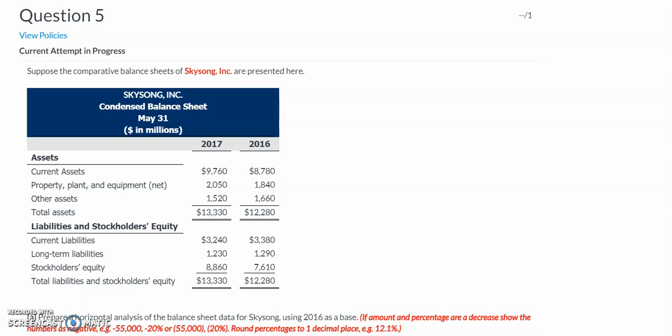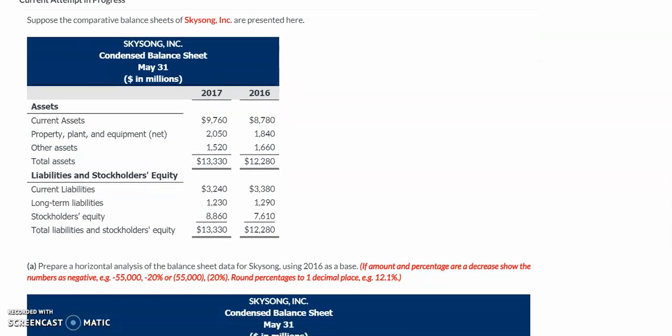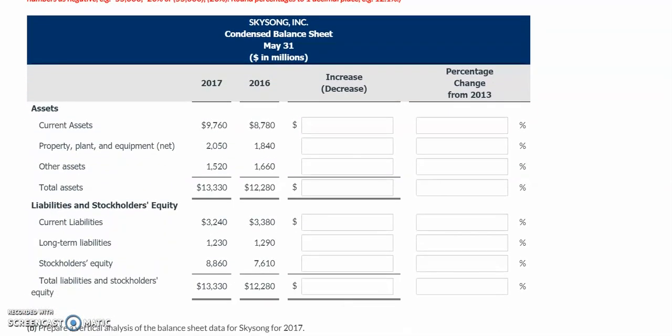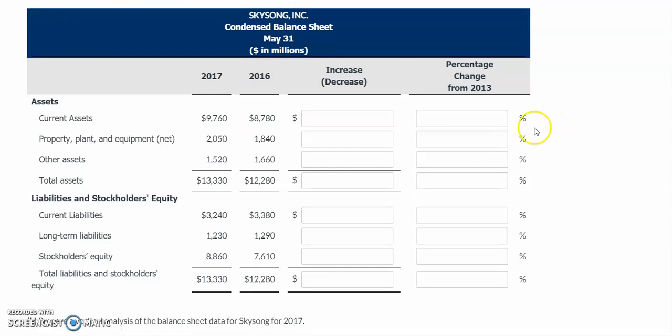So we're going to start off. This problem is set up for you with the information from the balance sheet. And you're going to start off by computing the dollar change by taking the 2017 number minus the 2016 number, and that will give you your increase or your decrease. So if it's an increase, put in a positive sign.